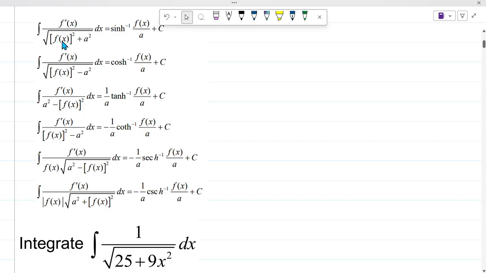That means this one will go there and this other one will go there. You see how it is? Look at this one and look at this one. And of course you shouldn't forget to put f of x inside the absolute value there, and also remember that your answer for cosec will have negative 1 over a. Then the same explanation goes for the other ones.